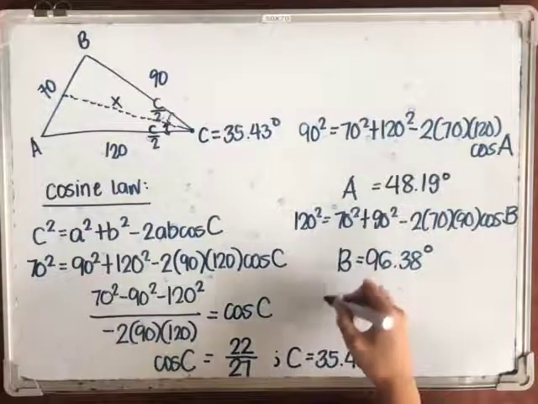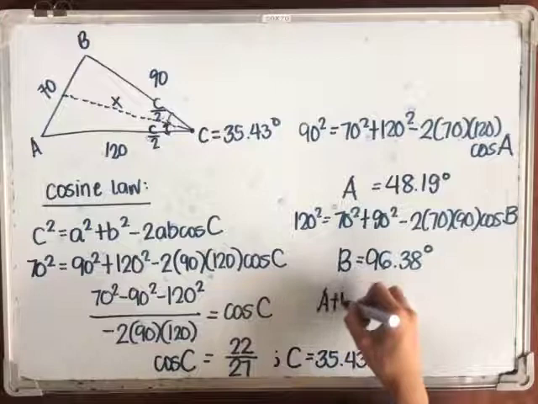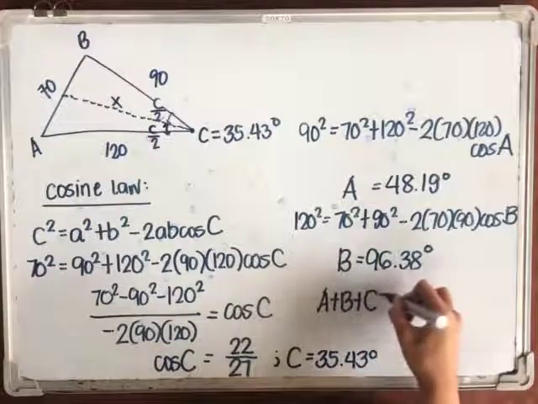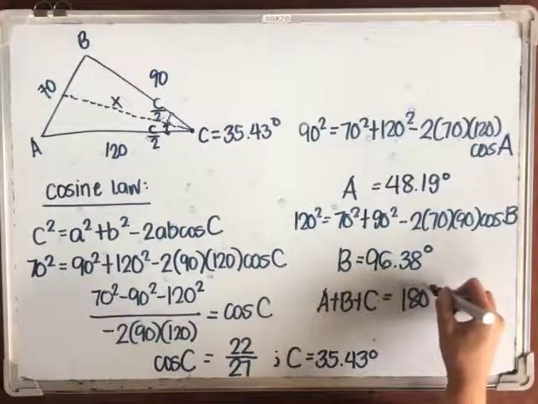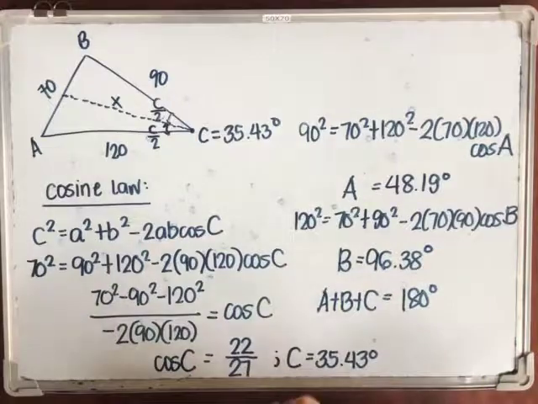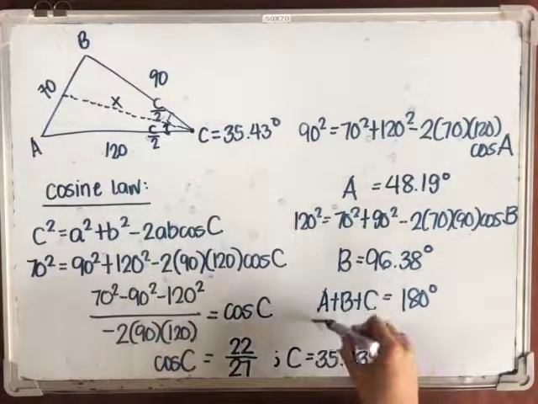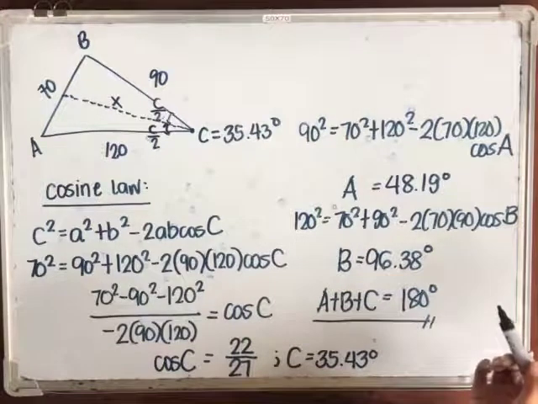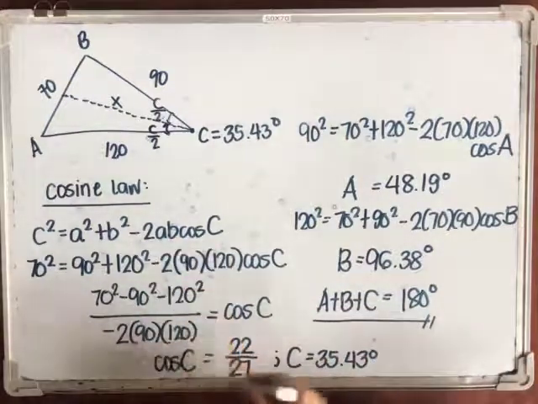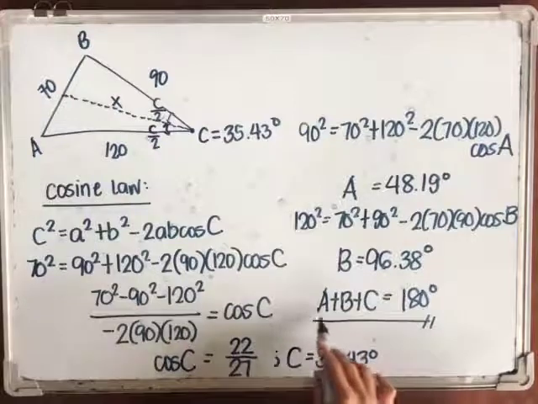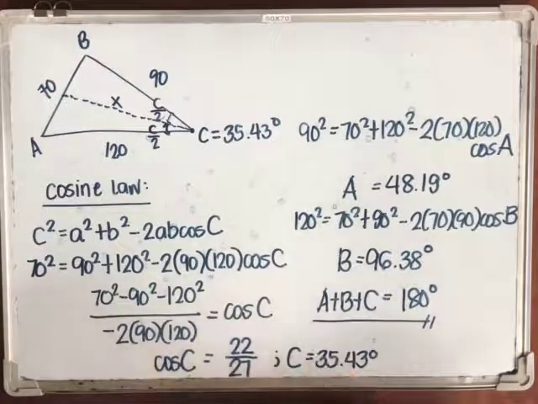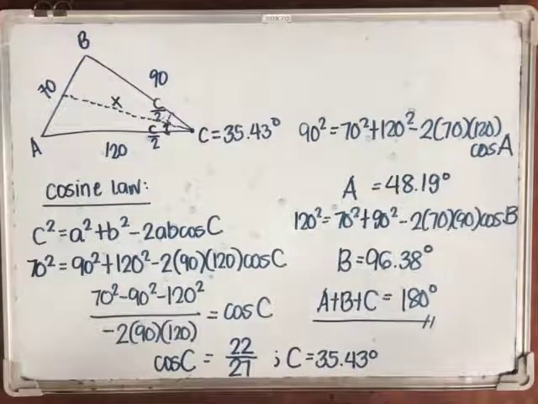And it is a must that if you add A plus B plus C, that should total to 180 degrees, because the sum of interior angles of a triangle is 180. So for you to be able to verify that you performed your cosine law correctly, the sum of the three angles should be 180 degrees.